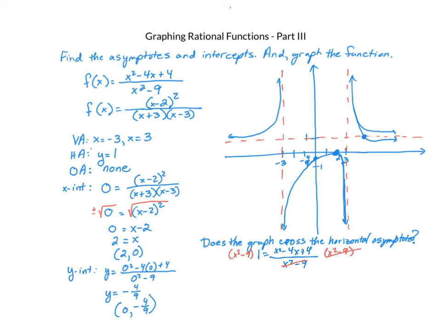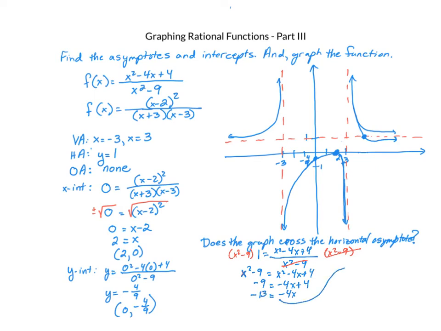So I have x squared minus 9 equals x squared minus 4x plus 4. So negative 9 equals negative 4x plus 4. And I have negative 4x equals negative 13.